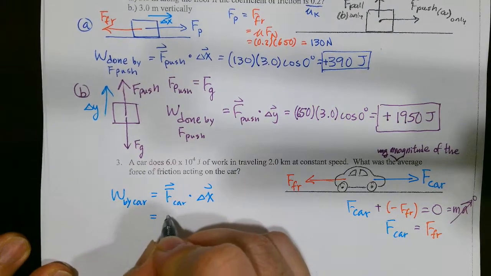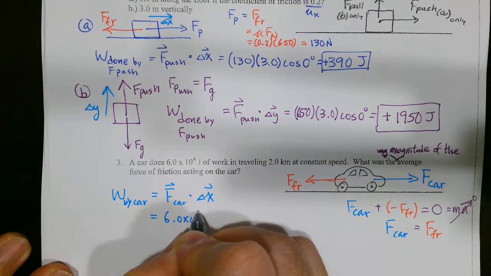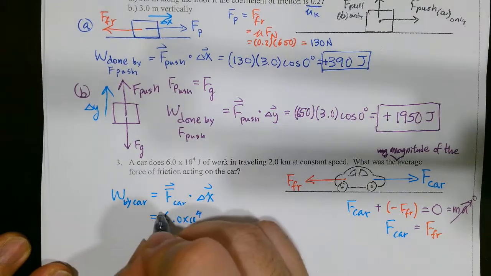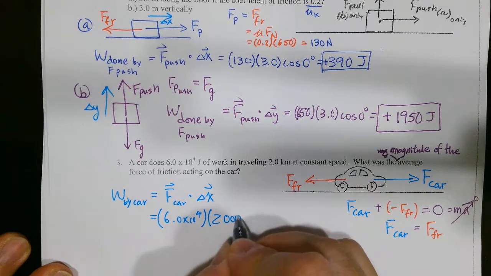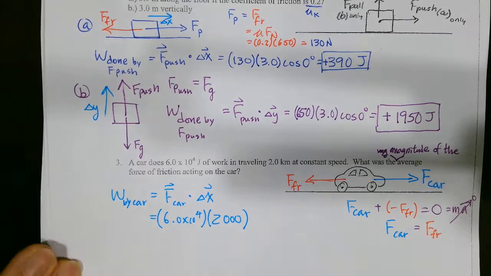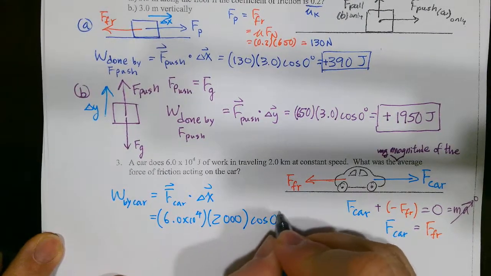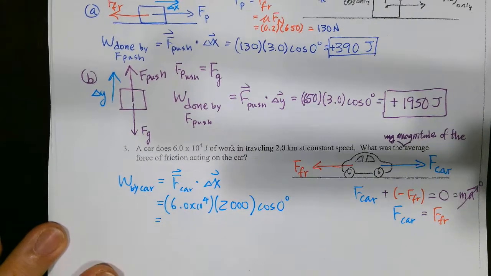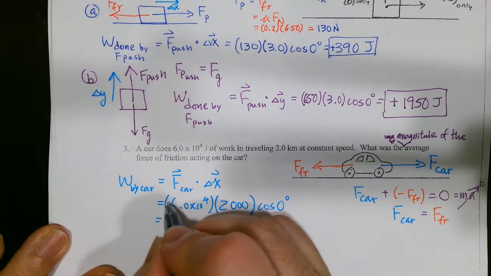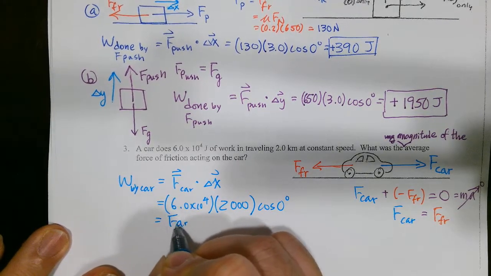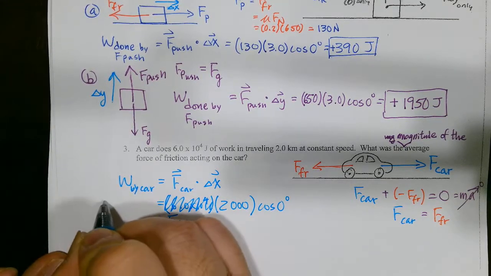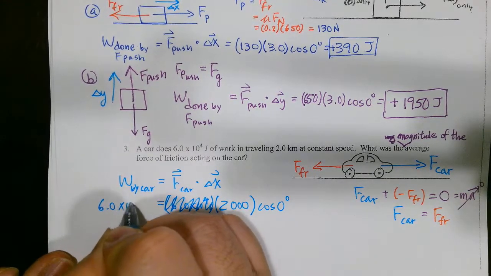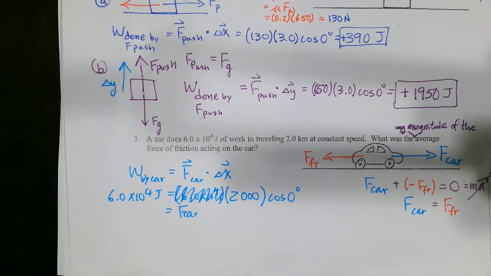And F car is 6.0 times 10 to the 4th joules, times 2 kilometers is 2,000 meters, times cosine of 0 degrees. Oops, no, I'm sorry. F car is what we're looking for. This is what I wanted to say. Sorry.